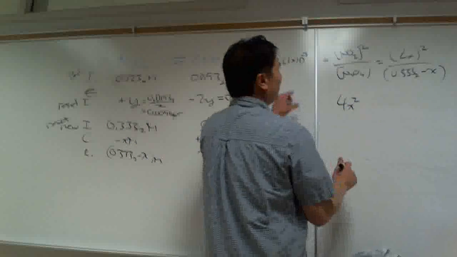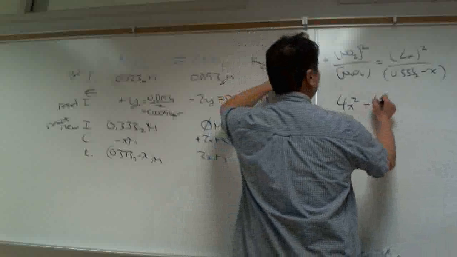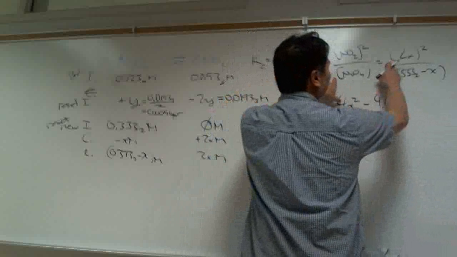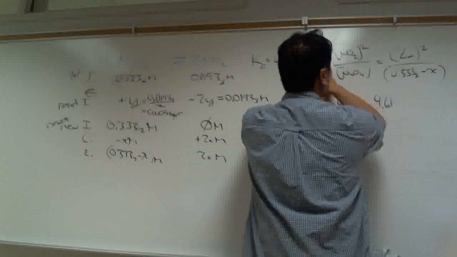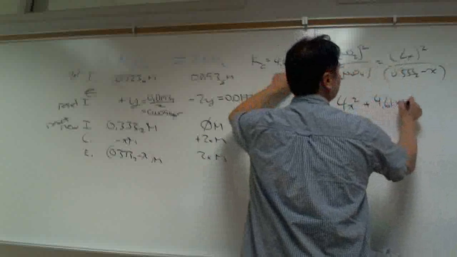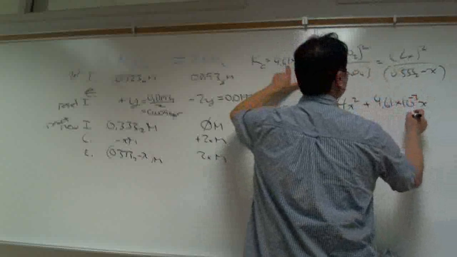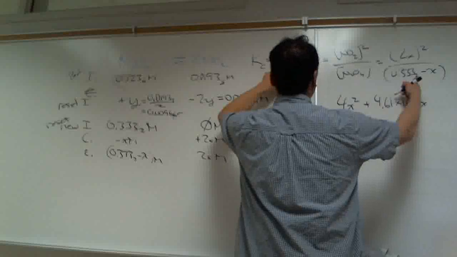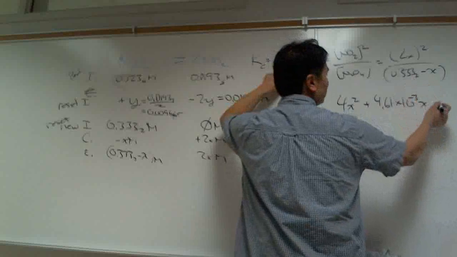And then minus 4.6. Actually, no, I got it mixed up here. 4x squared plus 4.61 times 10 to the minus 3 x. And what's 0.332 times 4.61 times 10 to the minus 3?